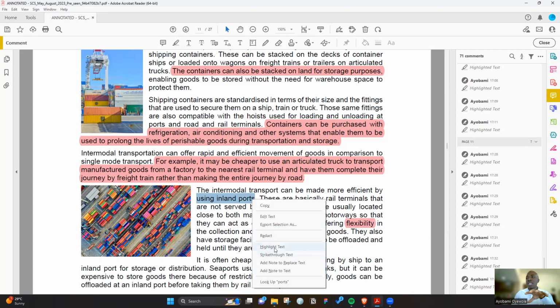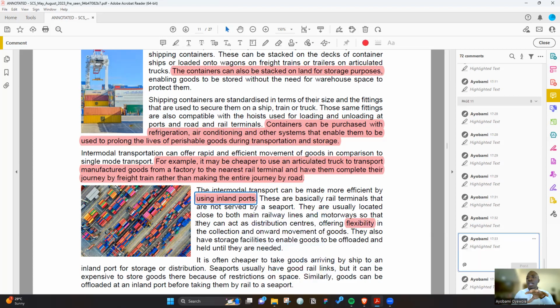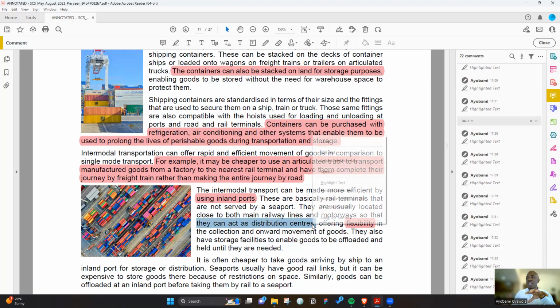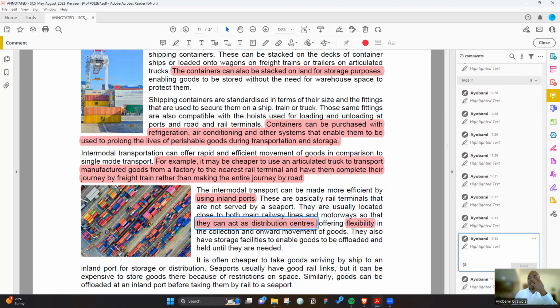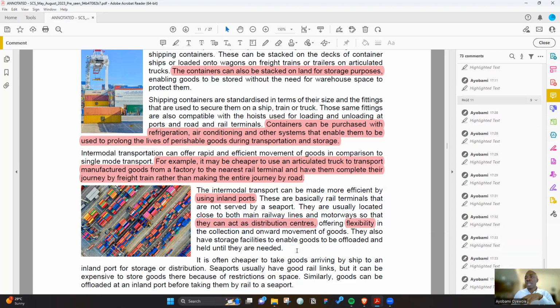So all of these things are things that you should note. They can act as distribution centers, offering flexibility in the collection and onward movement. They also have storage facilities to enable goods to be offloaded and held until they are needed, although they will come at a certain cost. But these are things that give you options, flexibility.